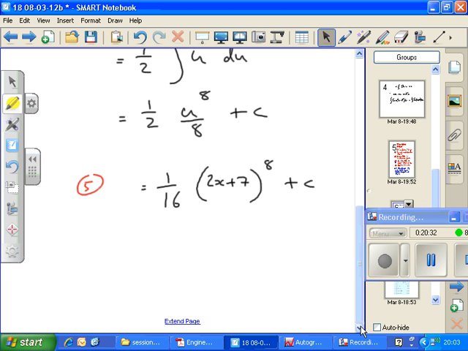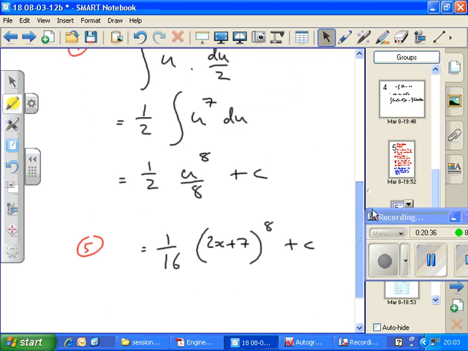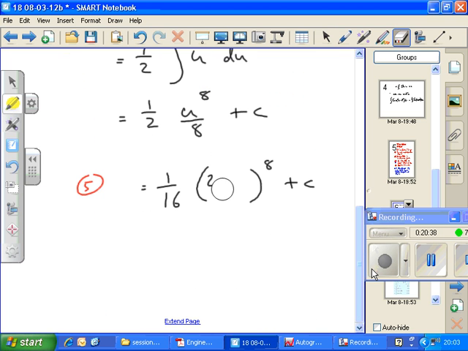Why did you use 2x plus 7? Isn't that what we set it to be? Have I made a mistake? Yeah, 2x minus 5. Where did I get 2x plus 7 from? 2x minus 5. If you just kept it as the half and the 8 underneath, it wouldn't matter, but of course that's a bit untidy because the 2 and the 8 can be combined to 16. So I would expect to see you doing that.